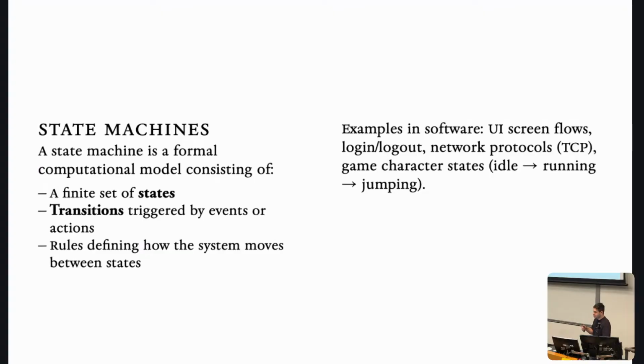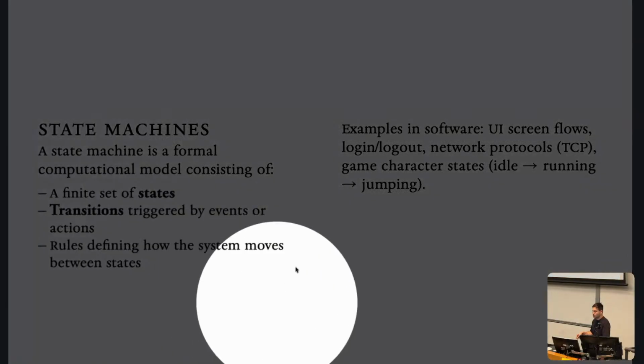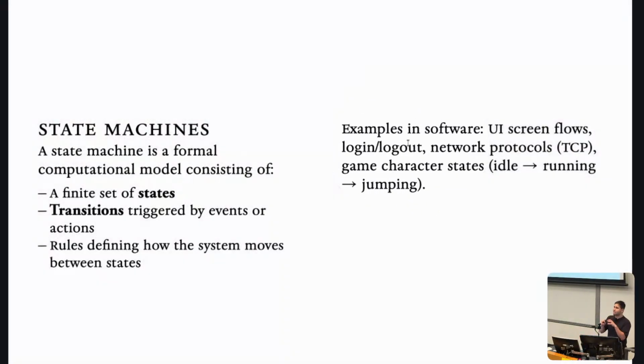So UI screen flows, the login, logout process is a case where we really want to do state machine work because we want to capture every single possibility. A door is a very simple system. It's got two states and two operations, maybe locking and closing. But if you're building a login and logout authentication system, you really do need to build a state machine because you need to consider every single property.